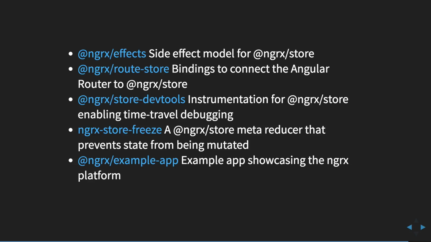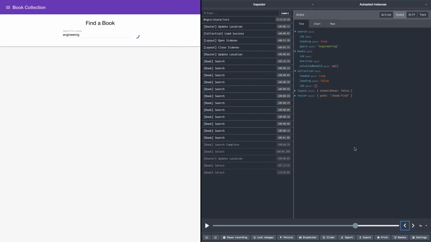So again, effects is a side effect model for dealing with all of those action transformations and other unpredictable pieces. Router store binds to the Angular router so that we can see the route path. We can actually see that in the example app.